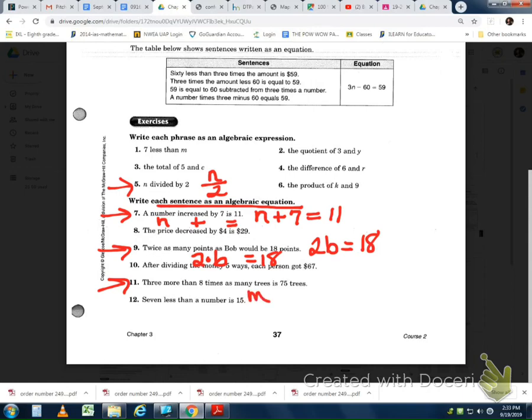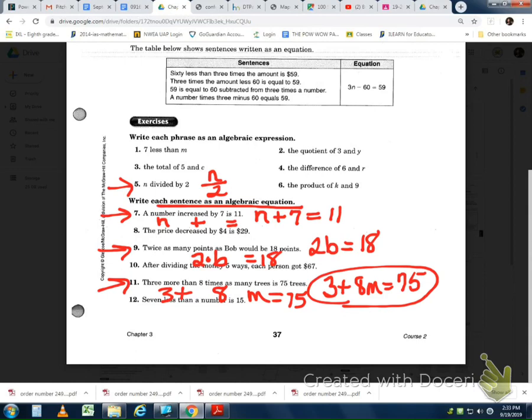What does more than mean? Plus. So 3 plus 8 times, well, that's going to be 8 times M, 8m. And for is, what do we write? What do you put in place of is? Gracie? Equal sign 75. So we would write our final answer, 3 plus 8m equals 75.